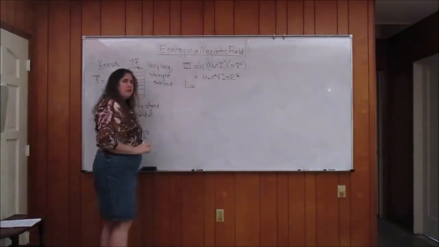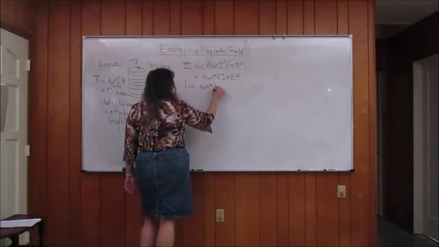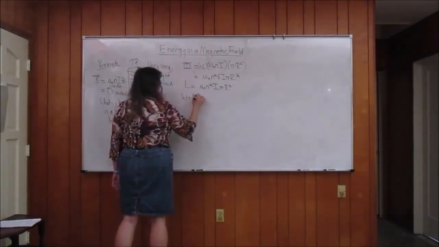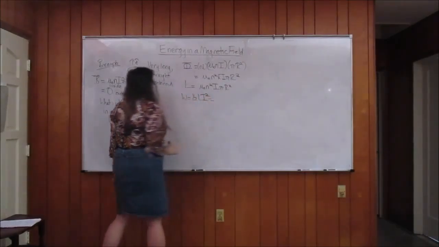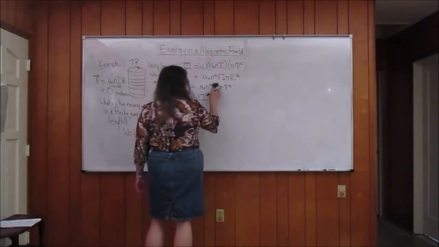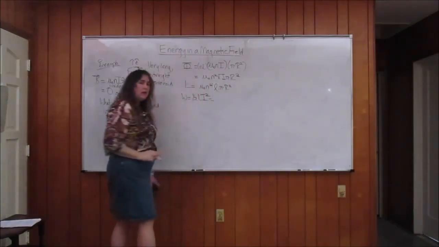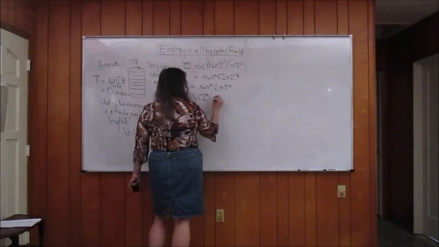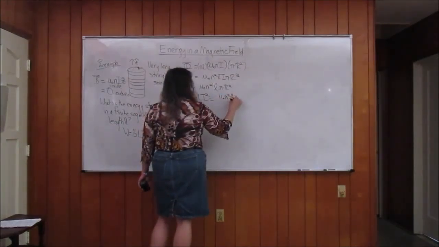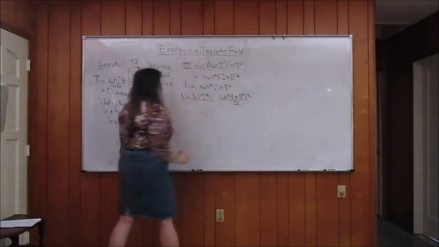And therefore the self-inductance of that segment is equal to μ₀ n² L times πr². I'm sorry, I should not have an I there, it should be an L instead. And therefore the amount of energy is equal to μ₀ n² L πr² I² over 2.